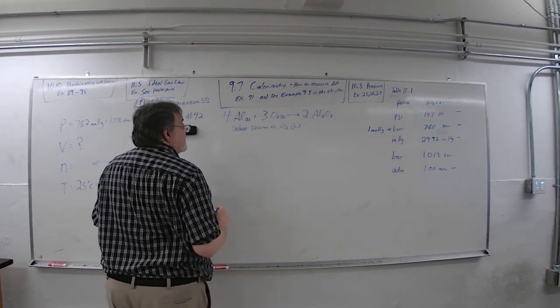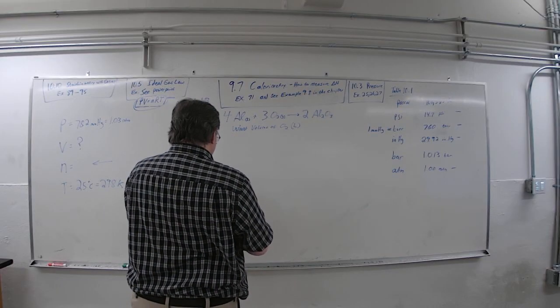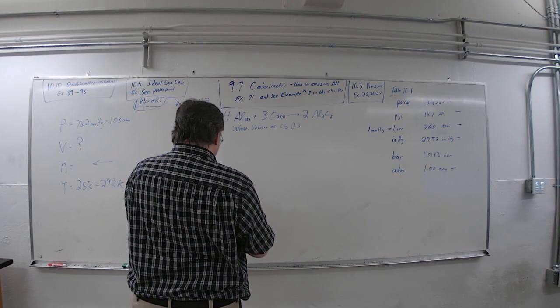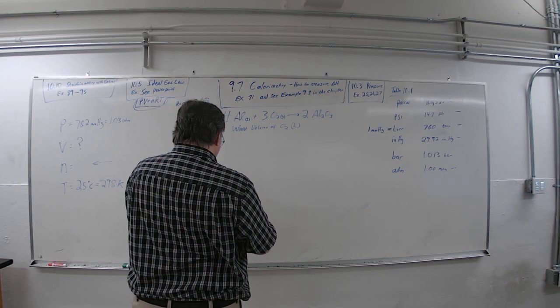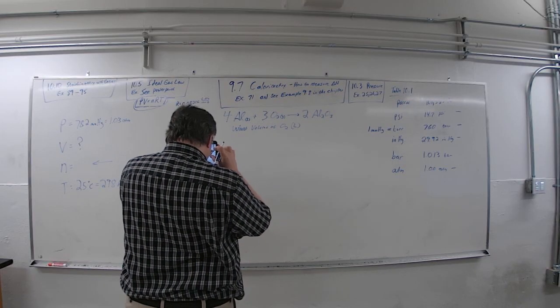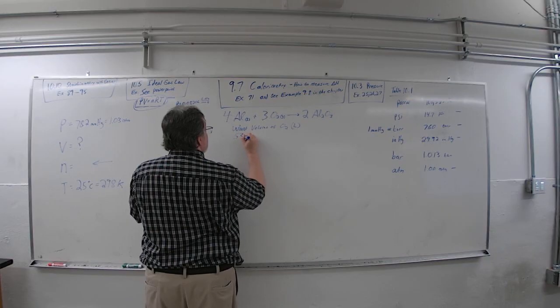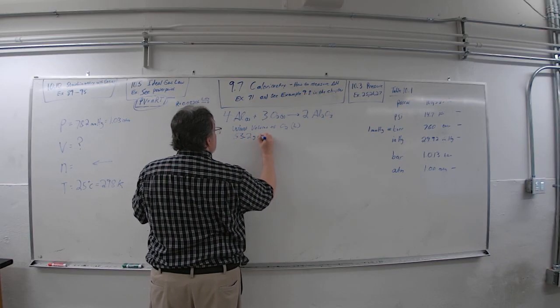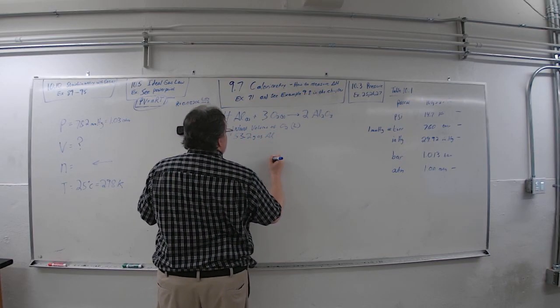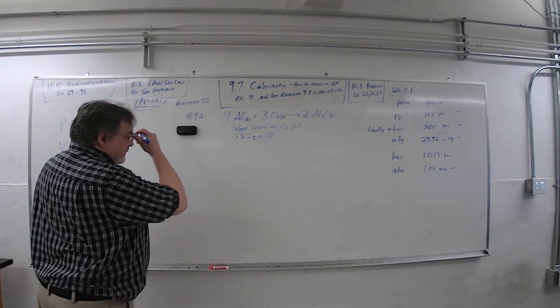Okay, so we're going to find the volume of O2 with 53.2 grams of aluminum here. Okay, so we'll do this.